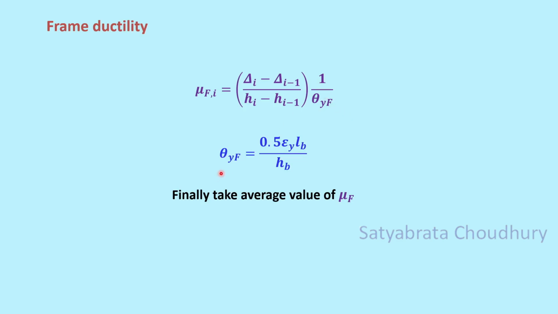It is given by theta yf equal to 0.5 epsilon y lb by hb. Epsilon y is the yield strain of the rebar steel, lb is the length of the beam, hb is the depth of the beam. So you get as many mu fi as the number of floors in the building, and then you take the average of all of these. That becomes the frame ductility mu f.